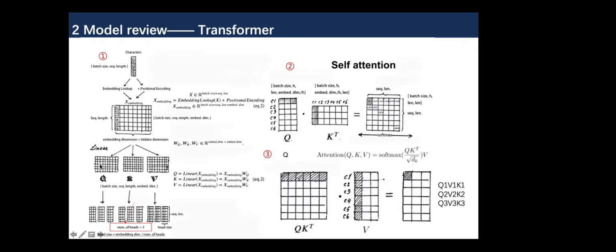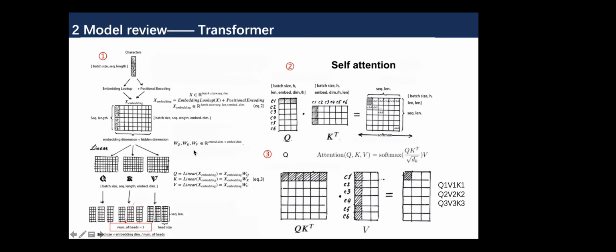The first is called query, WQ. The second is K, WK, and WV. Because this is multi-head attention, we split into 3 parts. The head number is 3, we assume. So we get Q1, Q2, Q3, K1, K2, K3, and V1, V2, V3.